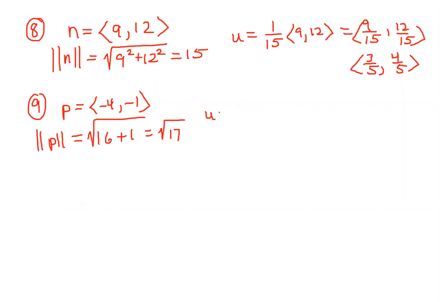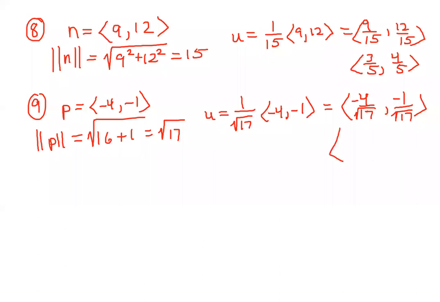So our unit vector is 1 over the square root of 17 times this, which equals -4 over the square root of 17, -1 over the square root of 17. But of course, we like to rationalize our denominators. So this would be -4 square root of 17 over 17, negative square root of 17 over 17, with our denominators rationalized.